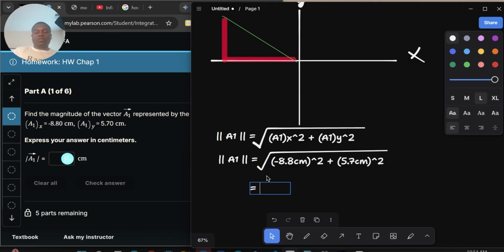Let's see. Squared plus squared, 109.93, square root, equals 10.48.